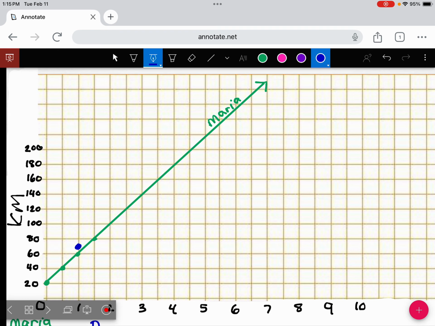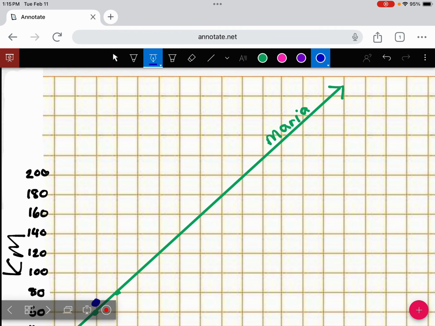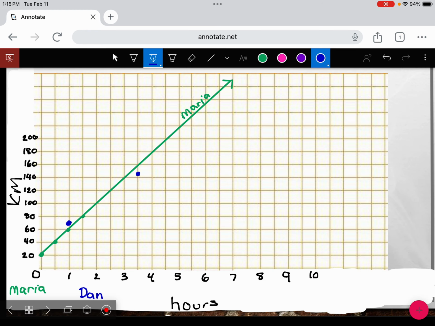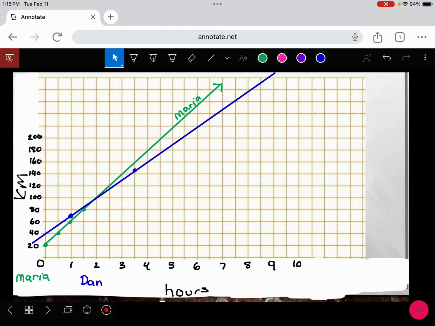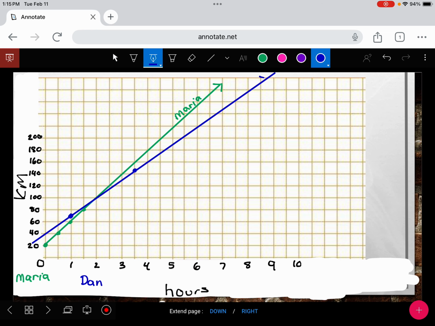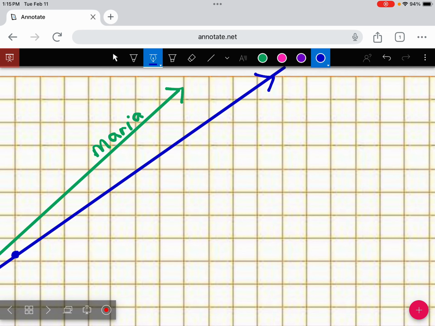And at 4 hours, he's about there. There we go. So that should be about what Dan looks like.